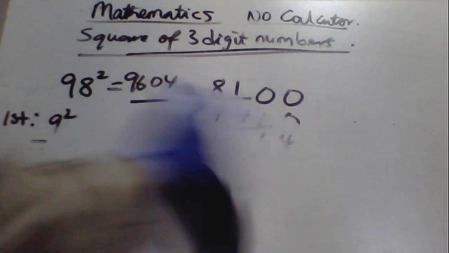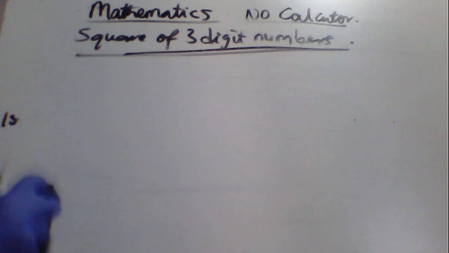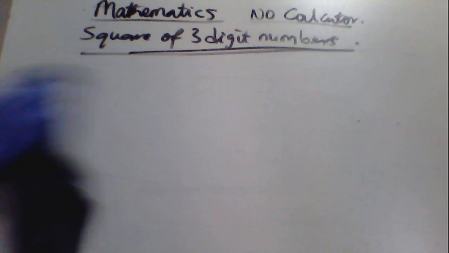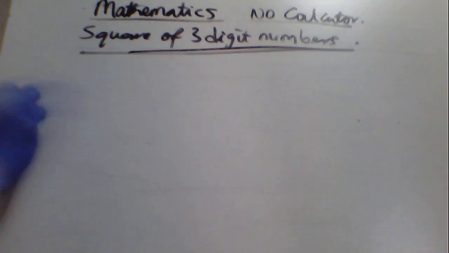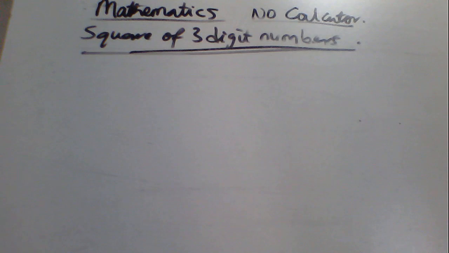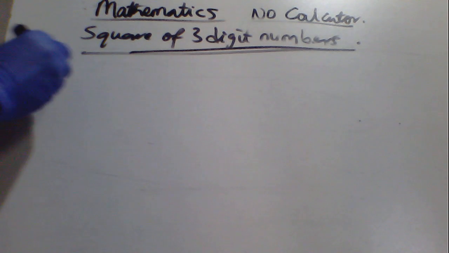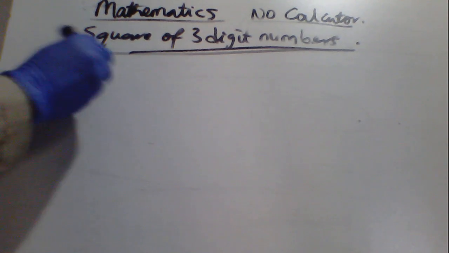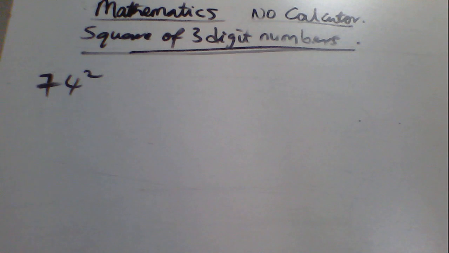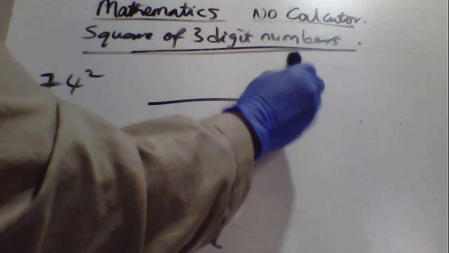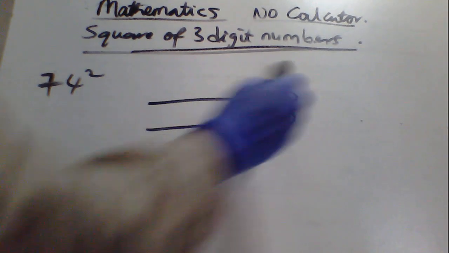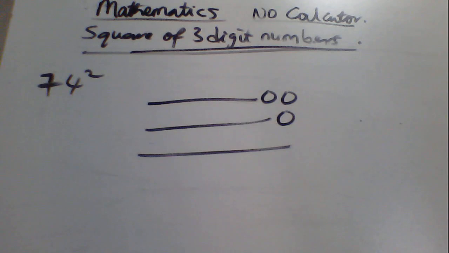Let's do one more example. So if you are given 74 squared, using the line method, draw the line, draw another.